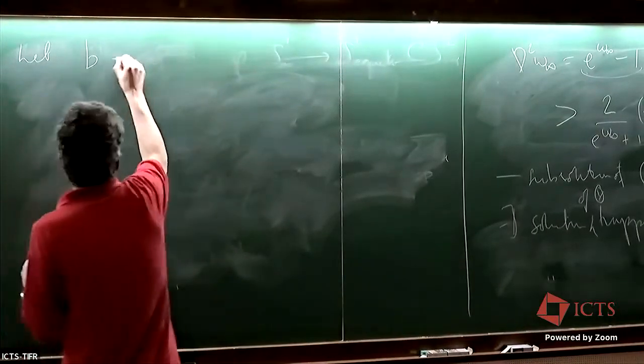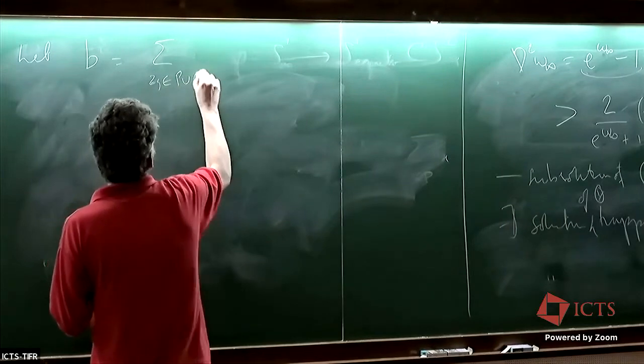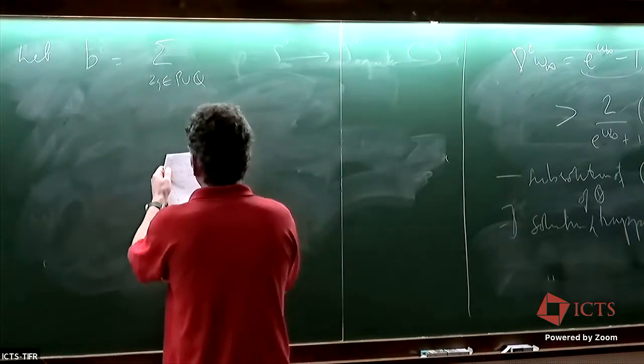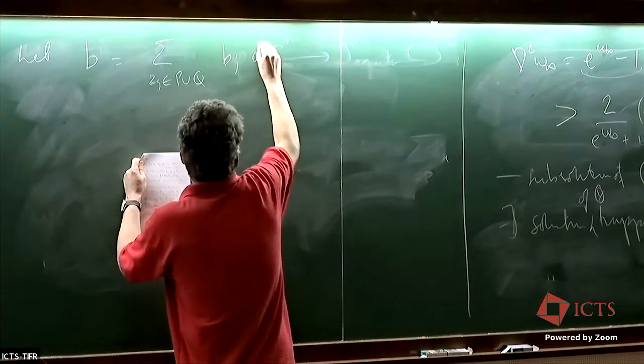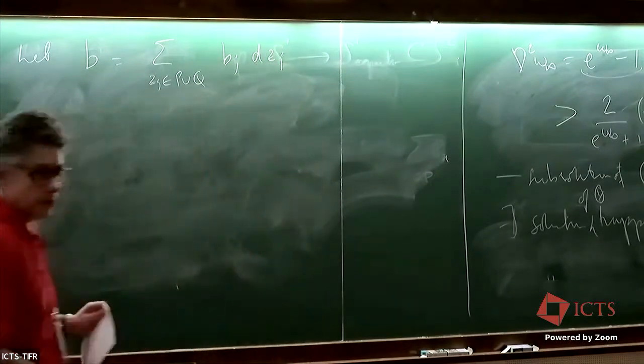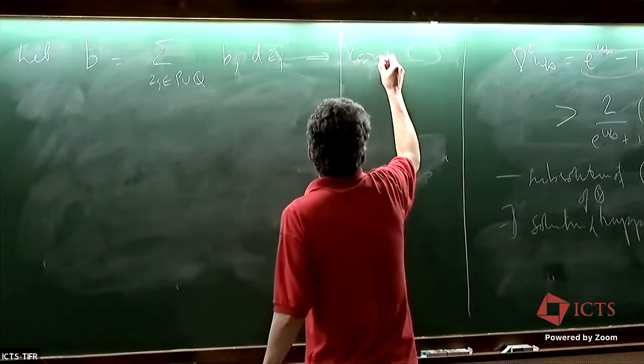And we call it B. So we sum over all points in both divisors like that. It's a local 1-0 form.